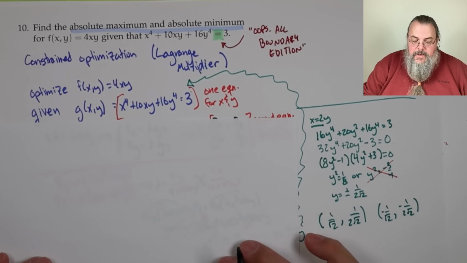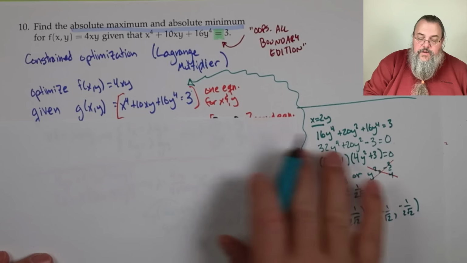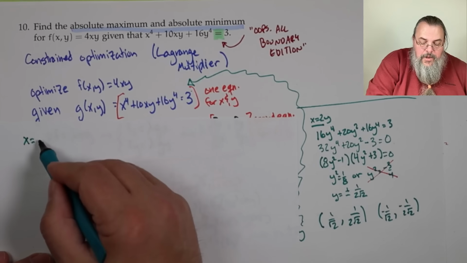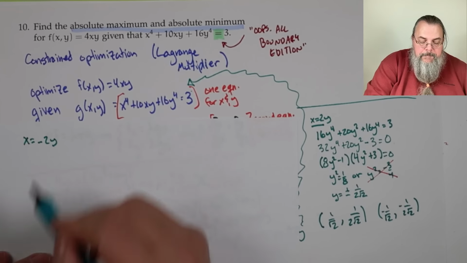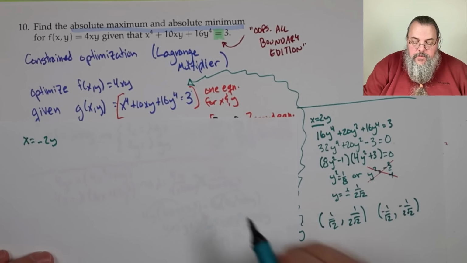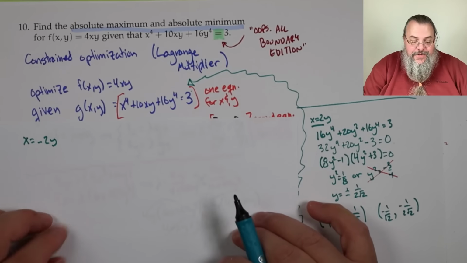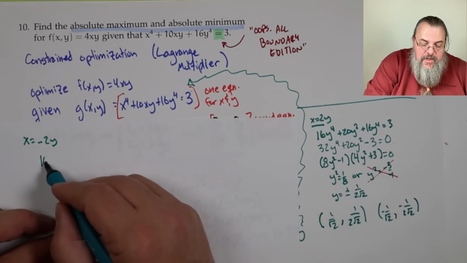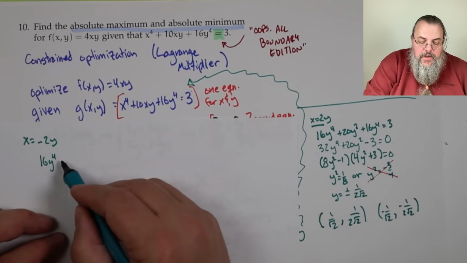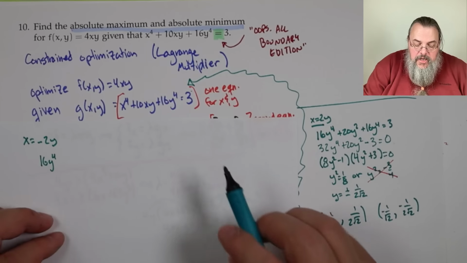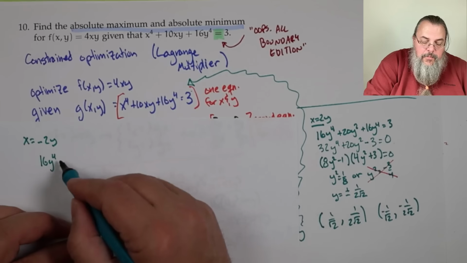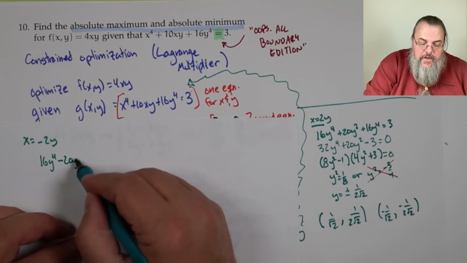Now, on this page, we're going to do the same thing, but x equals minus 2y. Same process, we're putting it into our constraint. Minus 2y to the fourth, that's 16y to the fourth, and then plus 10 times minus 2y times y becomes minus 20y squared.